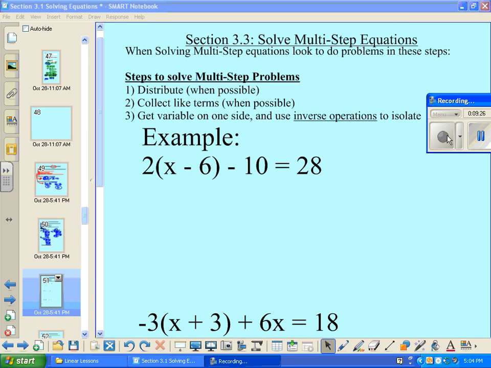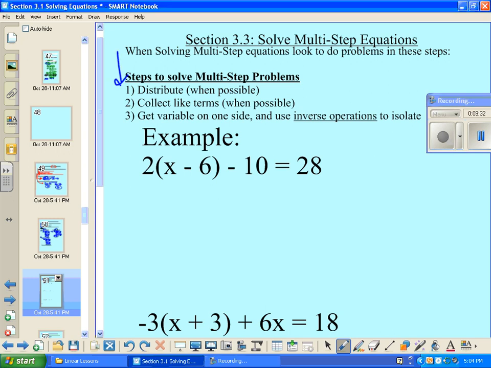I'll just go through 2 more examples here. But otherwise, most of these problems, these are the 3 steps that I can follow to get me to my answer. In each problem I'm going to analyze it and say, okay, can I distribute? Then when I'm done with that, can I collect like terms? And then try to get my variable on one side and get it all by itself. So if I just follow the steps on each one, this is what I'm going to do when I'm solving a multi-step problem.